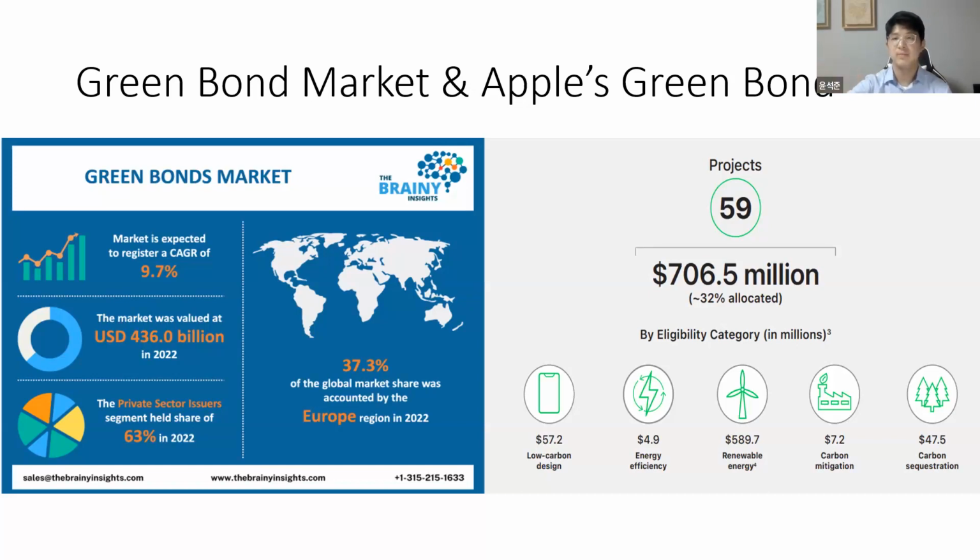The right side of the project has the number 59, the green bond that Apple issued in 2019, and they allocate these proceeds to energy efficiency, renewable energy, carbon mitigation, and those kinds of things.